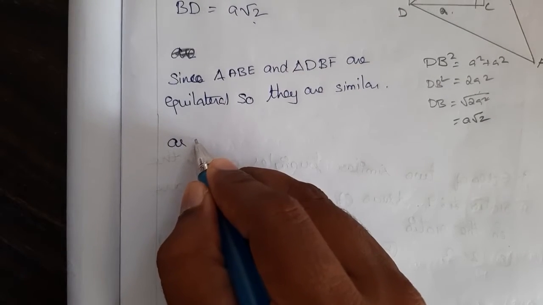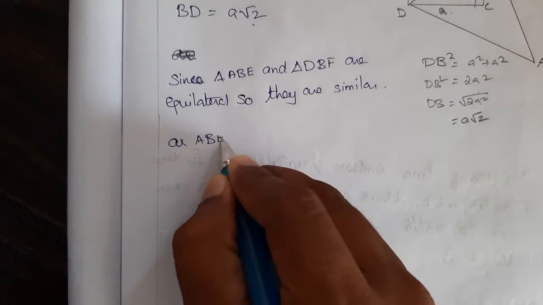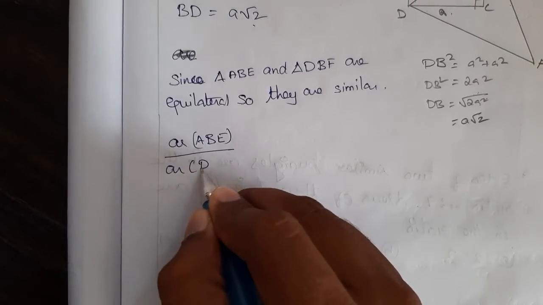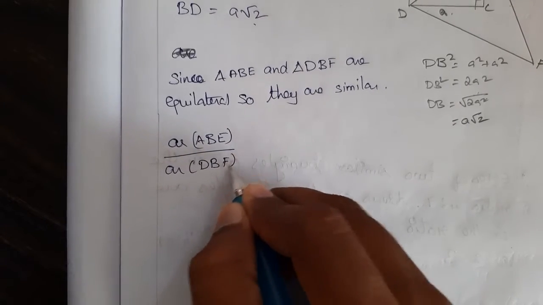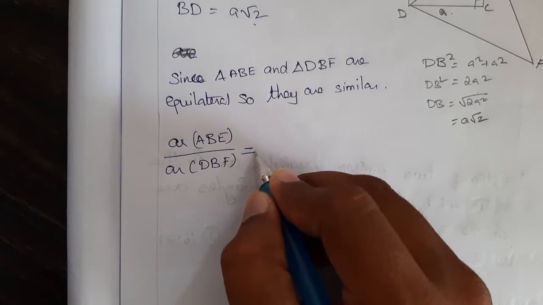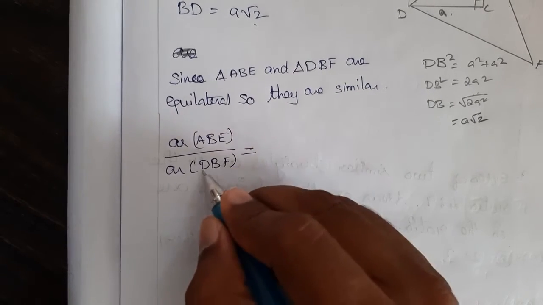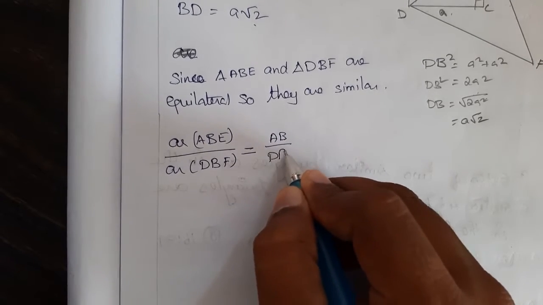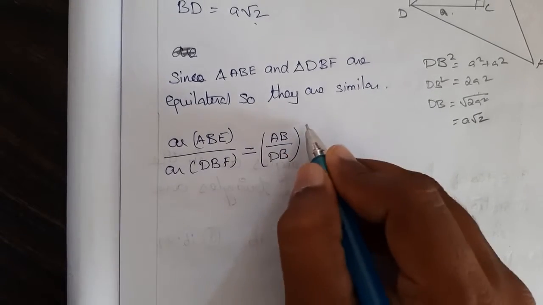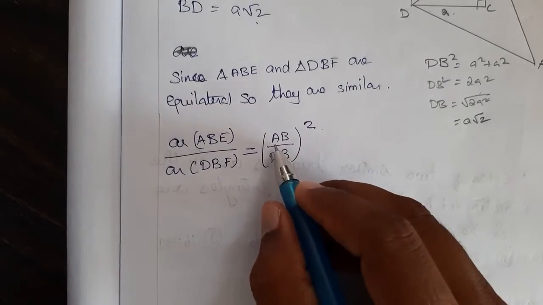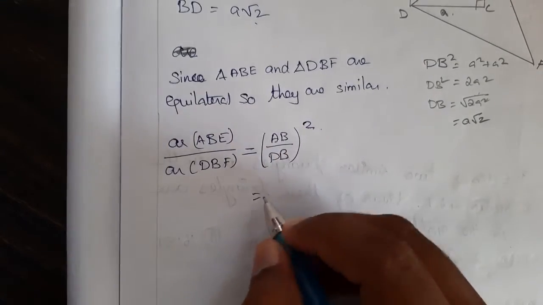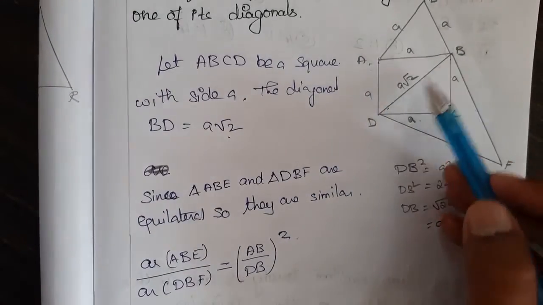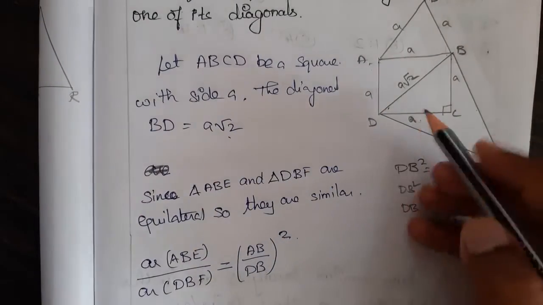So area of ABE divided by area of DBF is equal to AB by DB the whole square, right? AB we have chosen as A, and DB is A square root of 2, whatever side you choose.